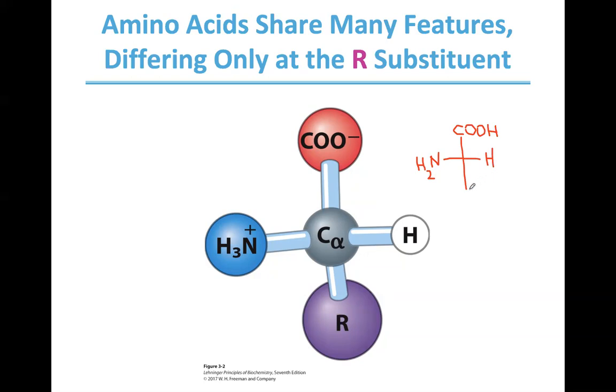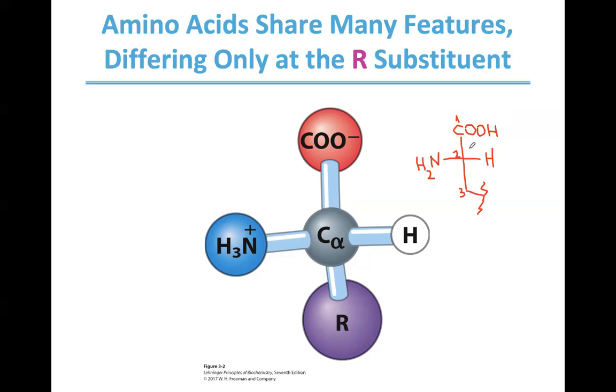And then it's possible that you will have something attached here, okay? So this carbon here, you can number things in amino acids. So this will be carbon 1. This will be carbon 2. This will be carbon 3, and so on and so forth.